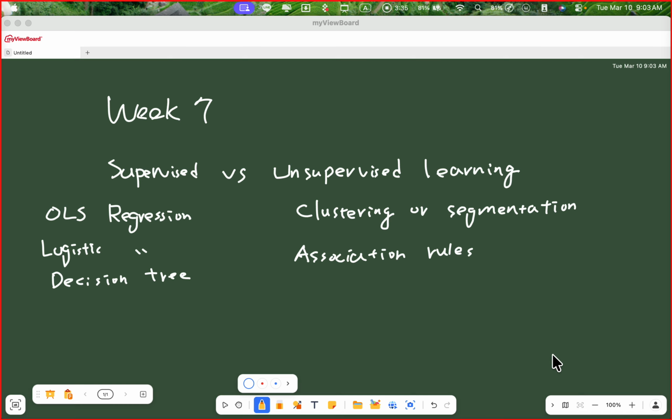Yes, last week we also talked about supervised and unsupervised learning, right? For most of you, especially who took the course of applied statistics, we understand the techniques about regression.